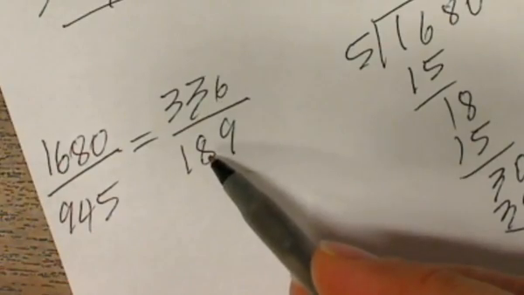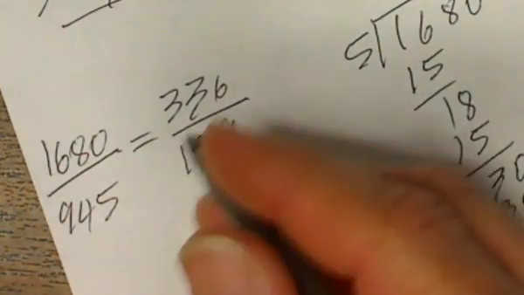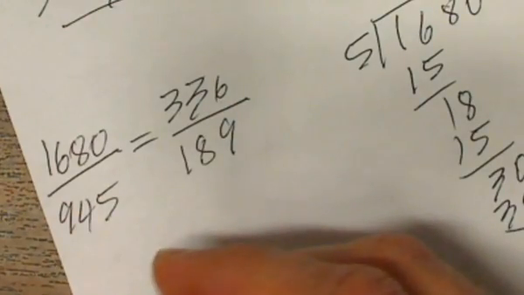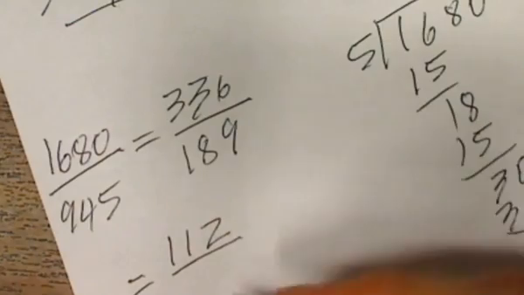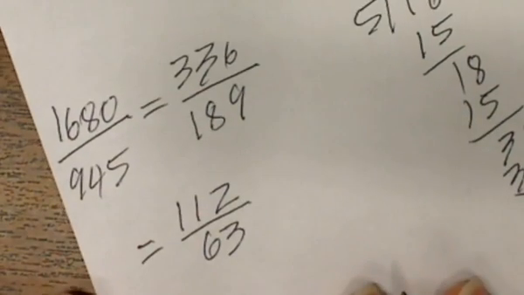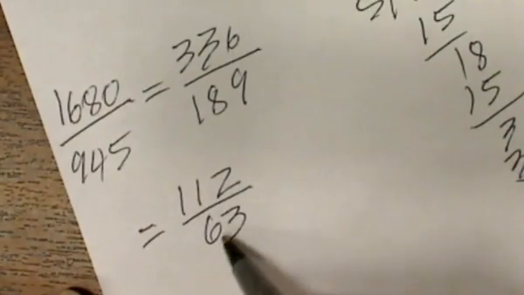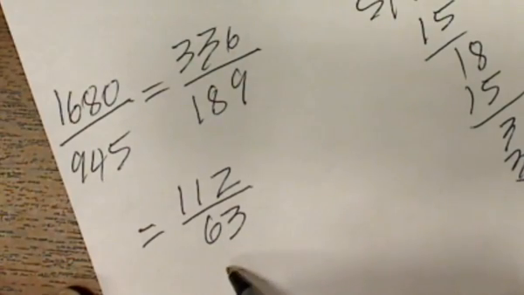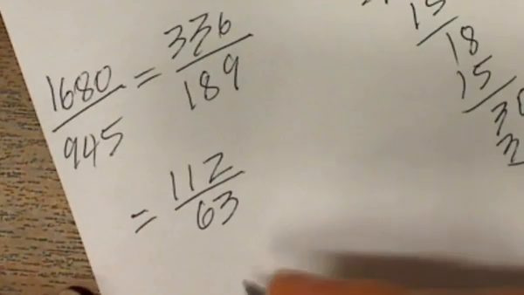So I've got to do long division again. Without showing the gory details, when I divide 336 by 3, I get 112. And when I divide 189 by 3, I get 63. And that's still not reduced. You ready to learn a different way to do it yet? 112 and 63 are both divisible by 7. Did you know that 112 is divisible by 7?